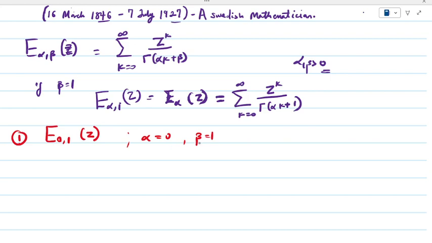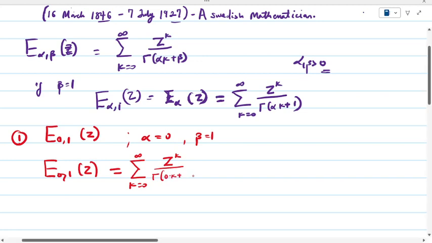Substituting into the general function, E 0 comma 1 of z equals the summation k equals 0 to infinity of z to the power k over gamma of 0 times k plus beta, which is 1.